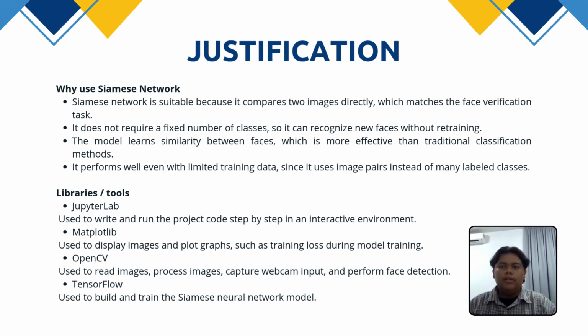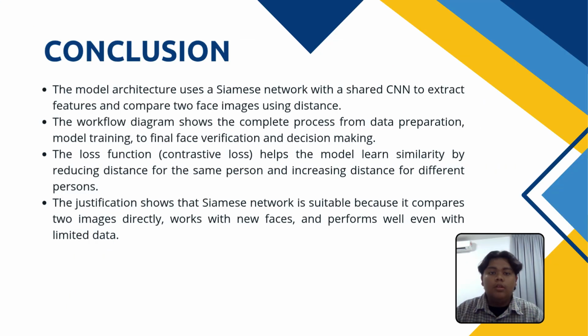In conclusion, the model architecture uses a Siamese network with a shared CNN to extract the features and compare two face images using a distance. The workflow diagram shows the complete process from data preparation and model training to final face verification and decision making.